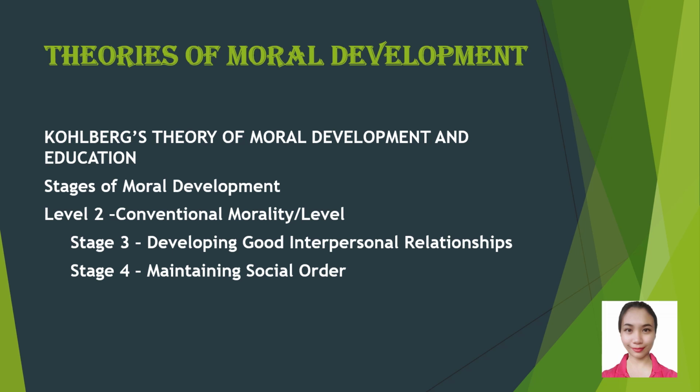So, this may include approval of others, law, and order. So, yun nga po class, if the society has set the rules, sinusunod nila yon. Kasi syempre, kasama sa kultura nila na sundin yung mga rules that their cultures set or yung mga norms na tinatawag po natin.